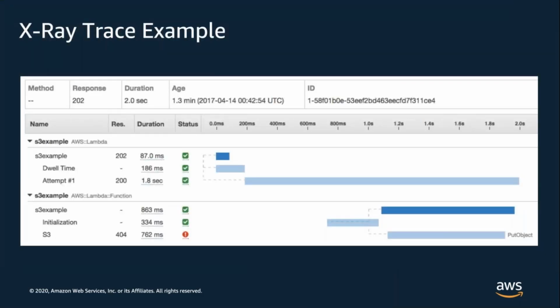We would also get data such as a waterfall trace. So we see here an example of what's happening inside of my Lambda function, and I can determine here that there was a failure. So I see that little red exclamation mark next to the S3 call. And I can dive deeper into this either with log data or potentially other metric data to try to understand what it is that happened and went wrong here.